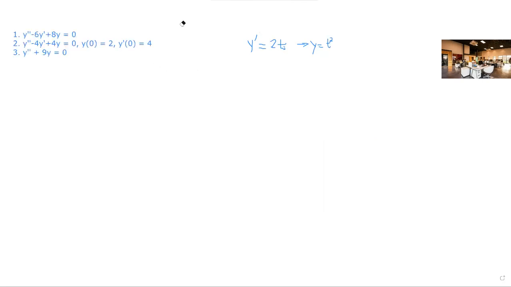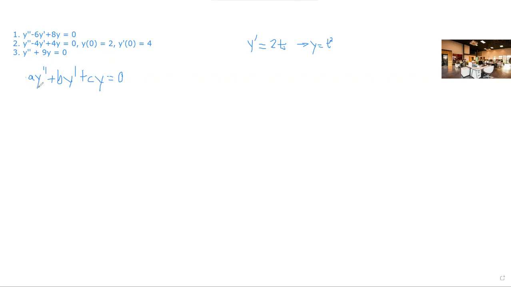Okay, the first is a type where it looks like this: a y prime prime plus b y prime plus c y equals 0. And there is a very nice formula. Assuming a, b, and c are all constants, there's a very nice formula to solve these types of differential equations. Let me show you what it is right now.